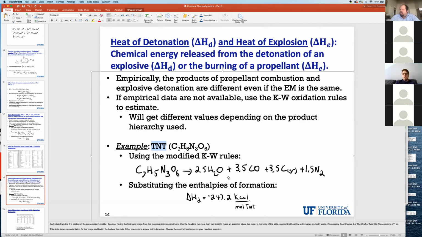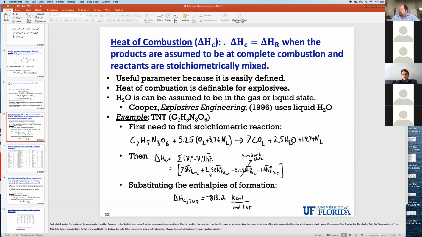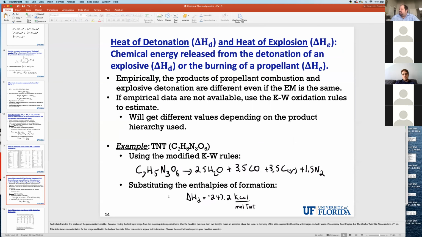Then all the remaining oxygen consumes carbon, and there's still some carbon left over, so there's 3.5 moles of carbon, assumed to be in the graphite phase, which is just your typical soot particle, and there's 1.5 moles of N2. If you find the heat of reaction for this, you indeed find the heat of detonation. If you go through the same process that we did here for the heat of combustion for TNT, you'll find the heat of detonation is negative 272.2 kcal per mole.